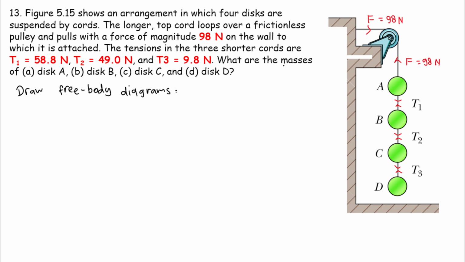Okay, let's start from the disc A here. What forces work on disc A? We have F there pulling up, right? So we will have our F here pulling up, and then what else? We also have another force here pulling down, by T1.